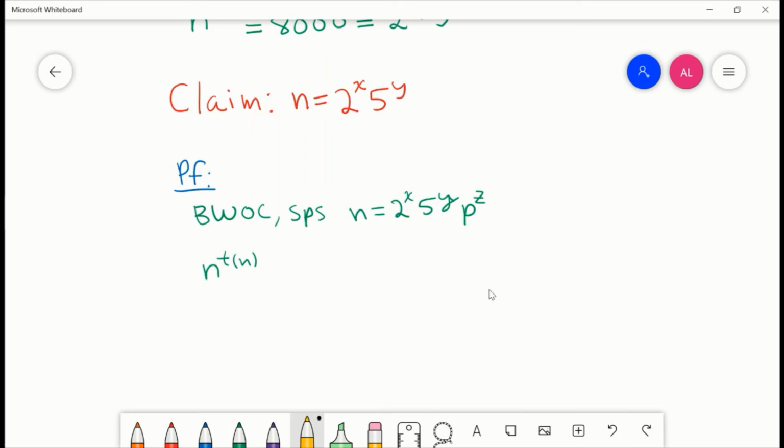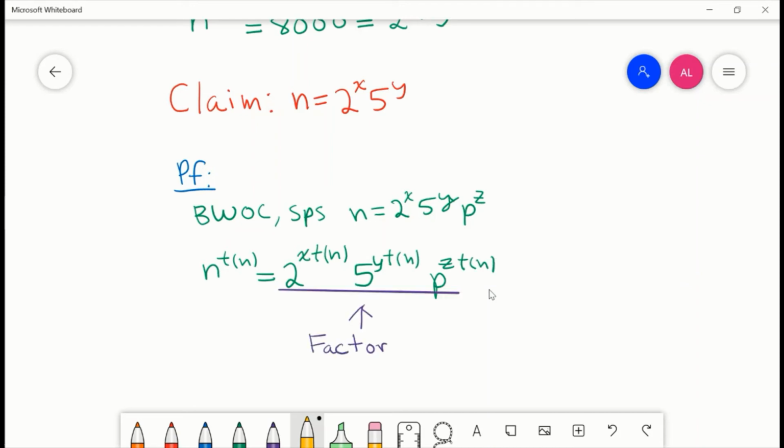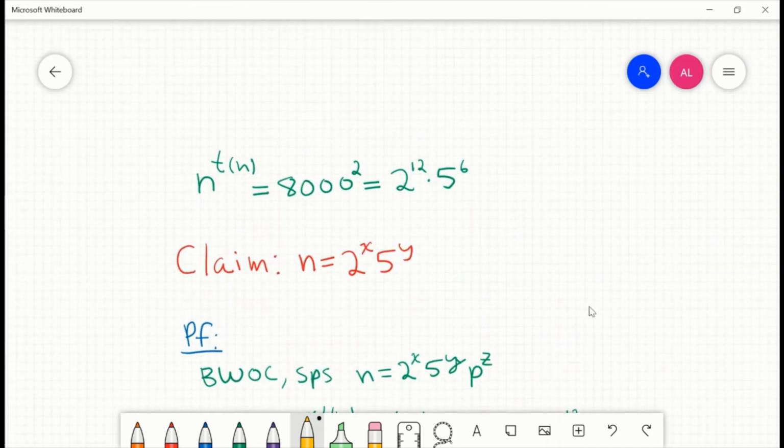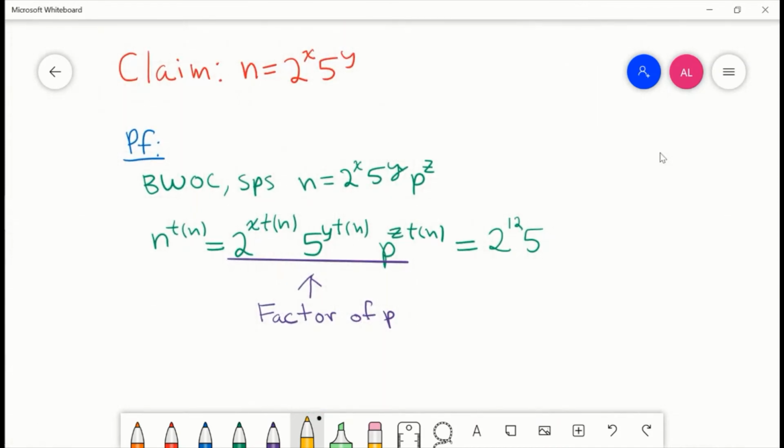So we have that n to the T of n is equal to, by basic exponent rules, the following expression. And we know that this obviously has a factor of p, right? Because it's right there. p is written here. But we know that this is equal to 2 to the 12th times 5 to the 6th.